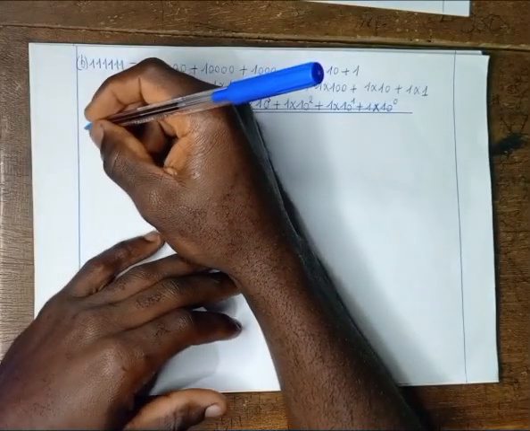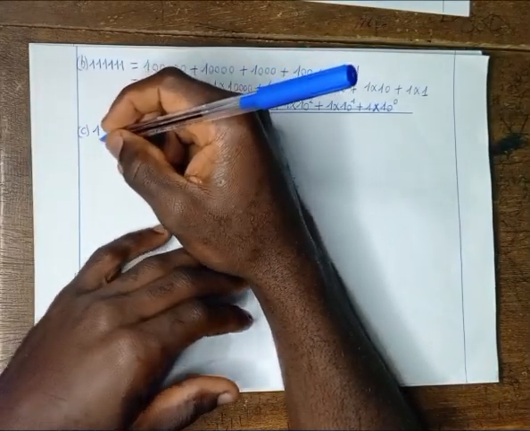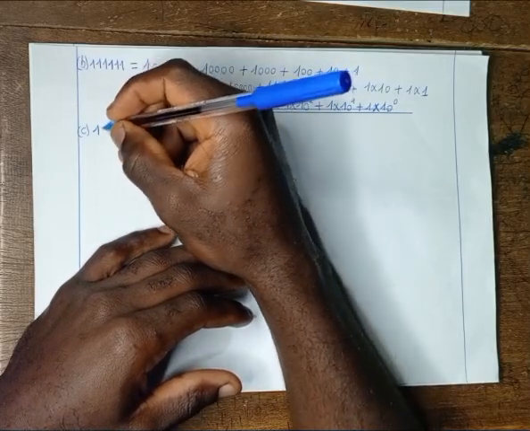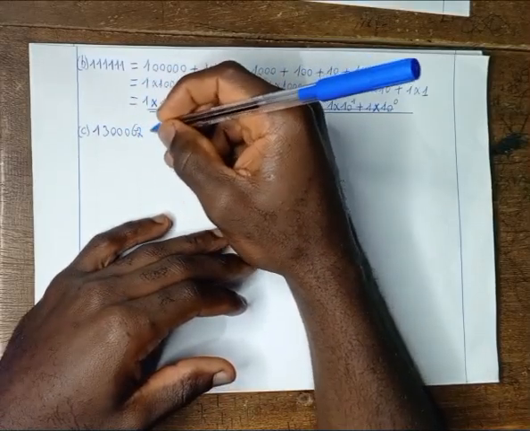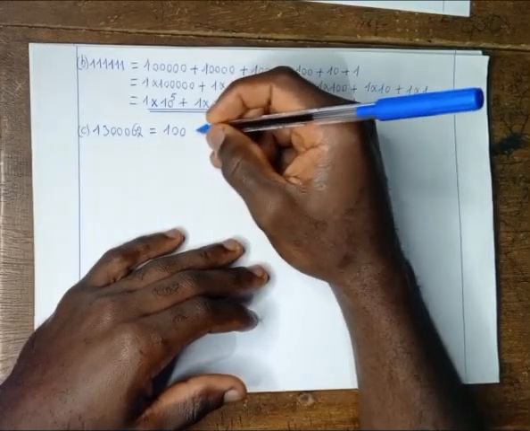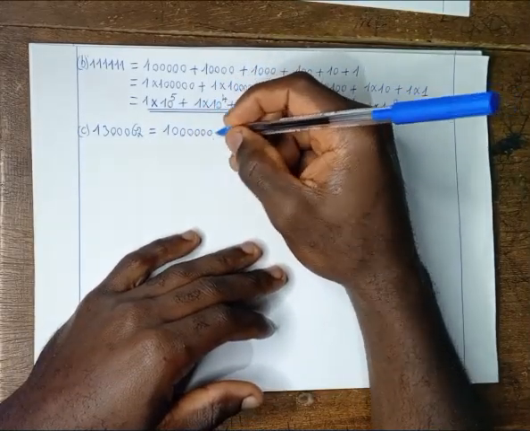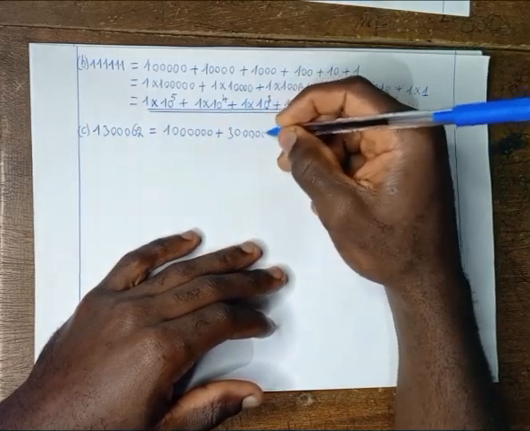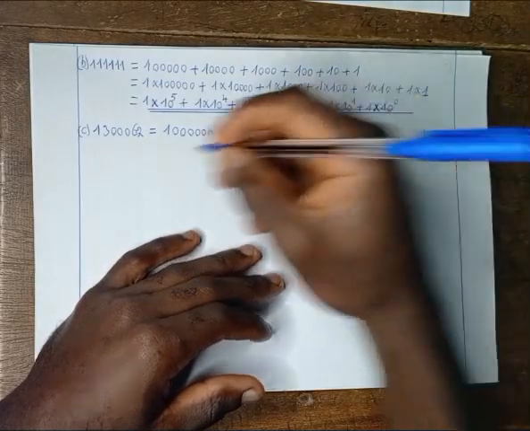Next, we go to question C. We have the number 1,300,062. We know 1 has a value of 1 million, plus 3 has a value of 300,000 plus 6 has a value of 60 plus 2.